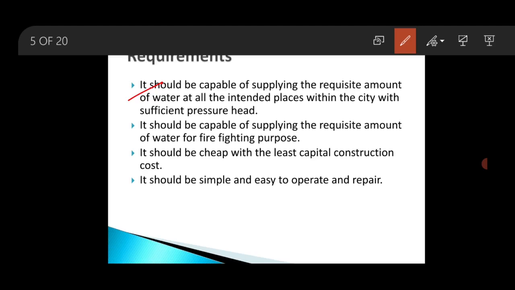Then it should be capable of supplying water for firefighting purposes. It should be cheap with least capital construction cost. It should be simple and easy to operate and repair.